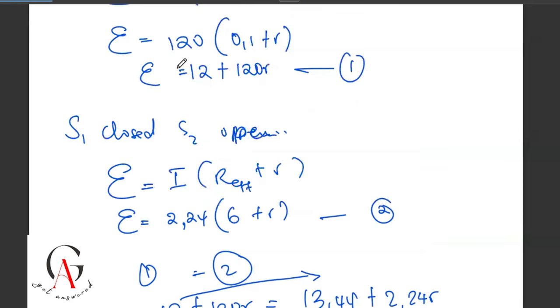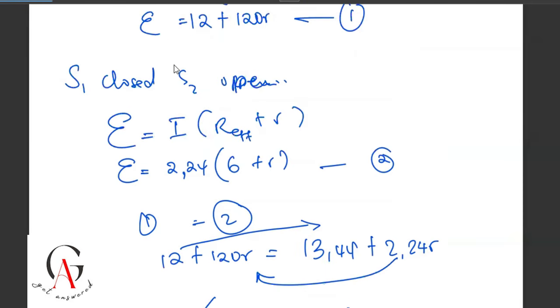The question wanted the EMF, so you can substitute this into the first equation and get the EMF value. Our EMF is going to be 12 plus 120 multiplied by 0.012. If we multiply this by 120 and then add the 12, I'm getting 13.44.